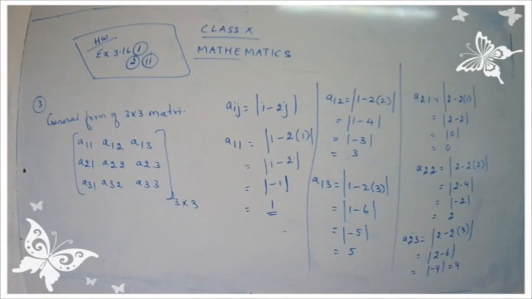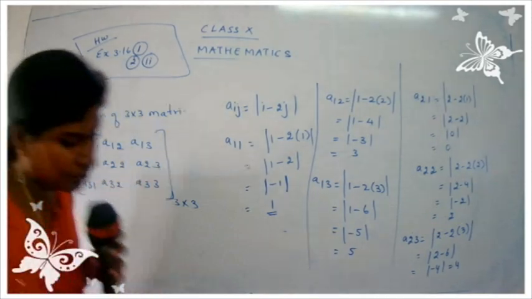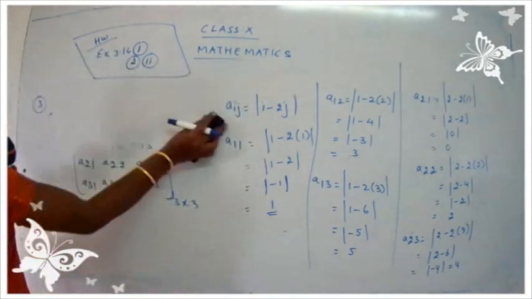I hope you are clear with the points. So we have found 2, 1, we have found 2, 2, we have found 2, 3. Now we have still some more elements to be found. Yes, 3, 1, 3, 2, 3, 3. Let us find over here.